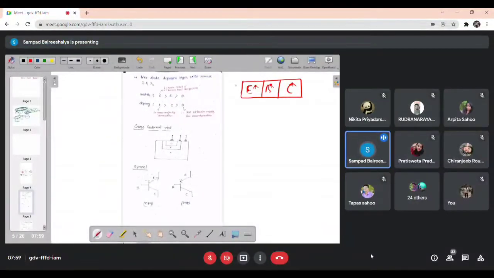So remember, while considering the emitter, base, collector, you have to follow some criteria, related to width and related to doping. I can say that the emitter is this much size, base is this much size, collector is this much size.